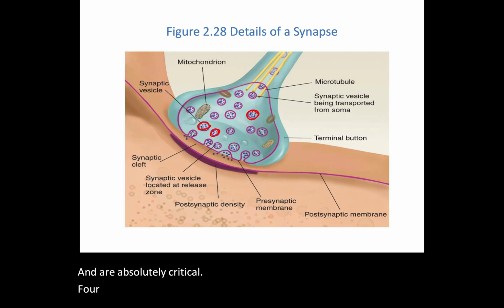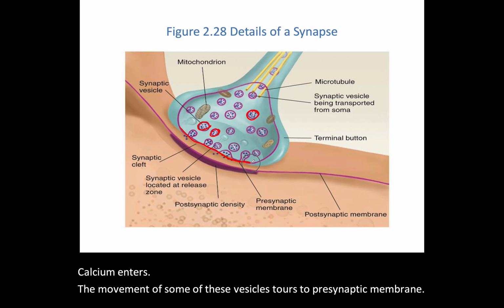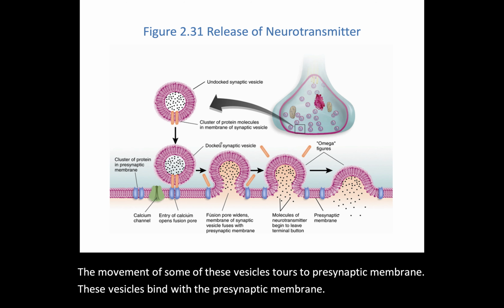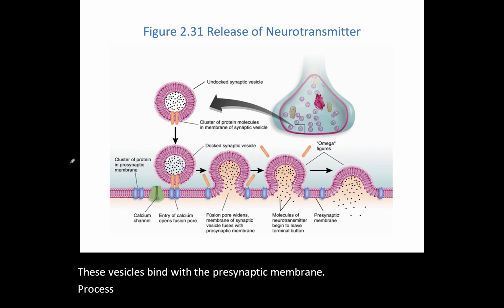When action potential comes, calcium enters, causes the movement of some of these vesicles towards the presynaptic membrane. These vesicles bind with the presynaptic membrane. The process is illustrated here, and of course, also in the text.